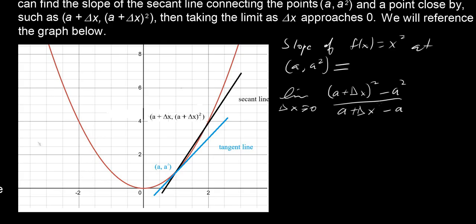Now, by the way, we're finding the slope at a comma a squared, so essentially the thing that I'm calling a is an x coordinate of whatever point on the graph of x squared, right?